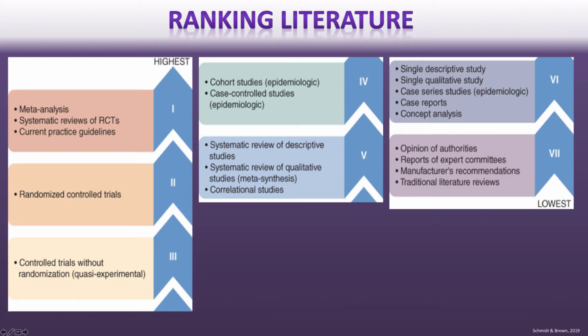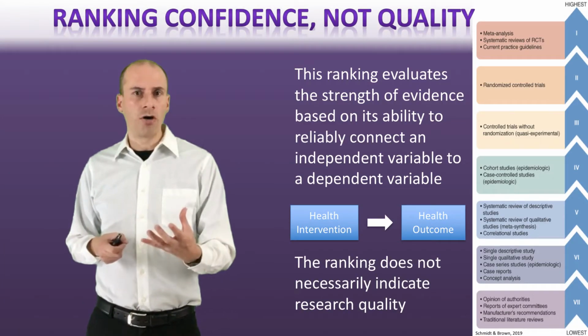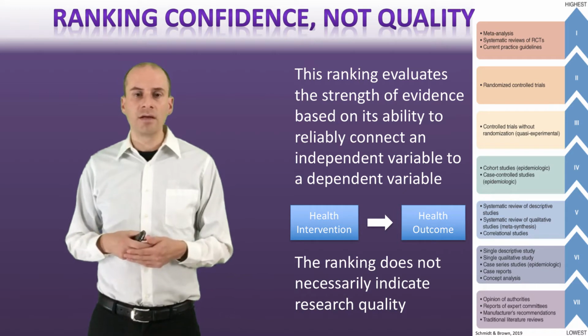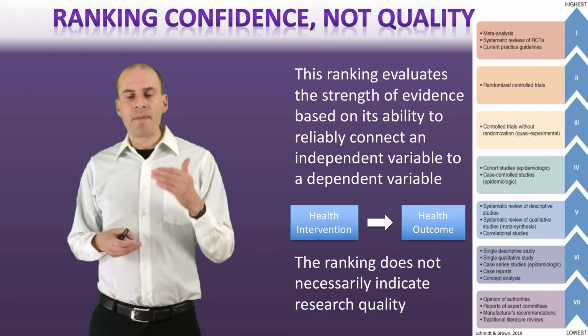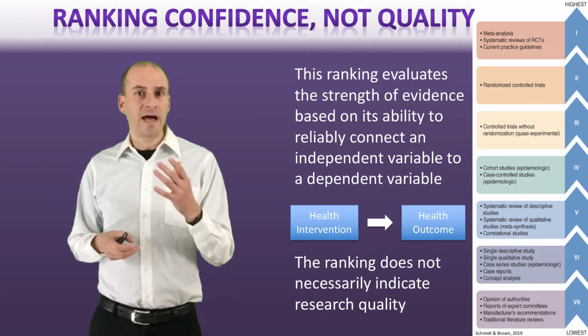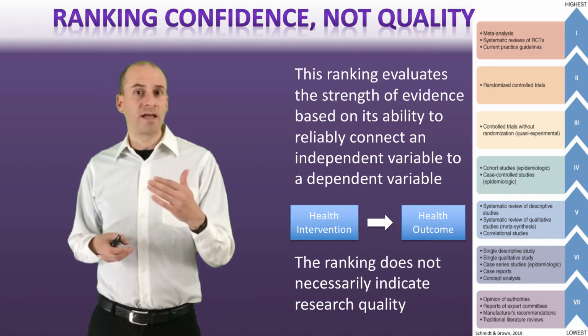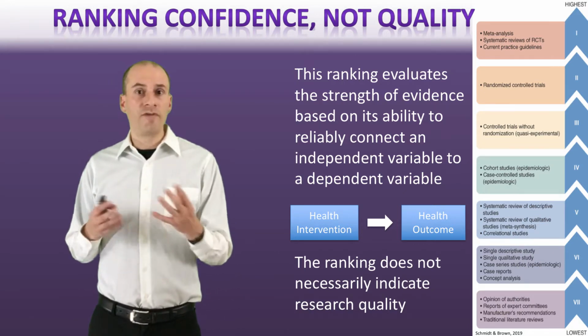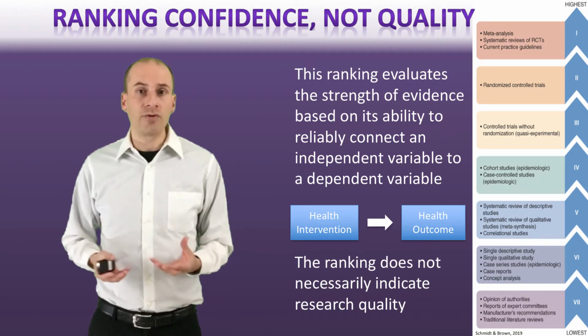So across this range of literature, each of those rankings has different implications. Now let's just be clear again about what those implications are. The ranking does not mean that papers that fall into the top category are of high quality. You can have papers that fall into the top category which are of very poor quality, are poorly put together, and actually are not accurate at all.